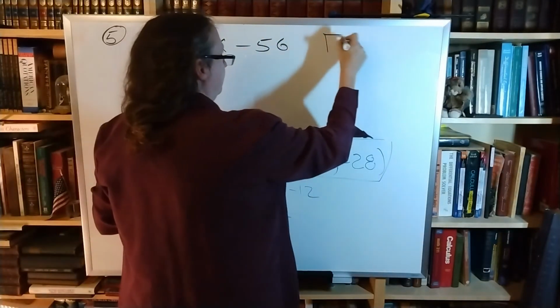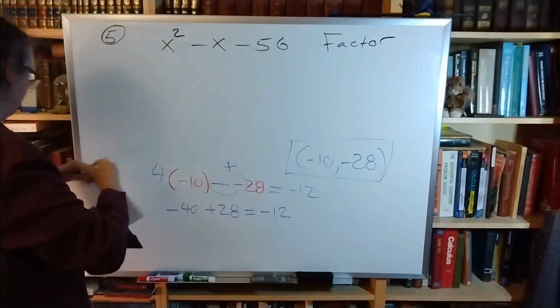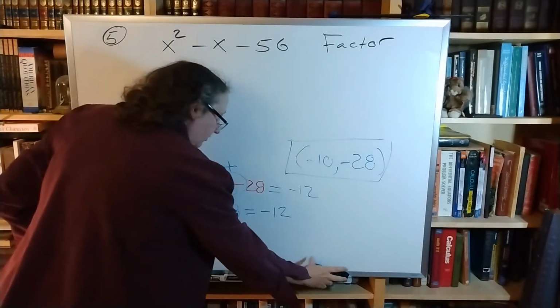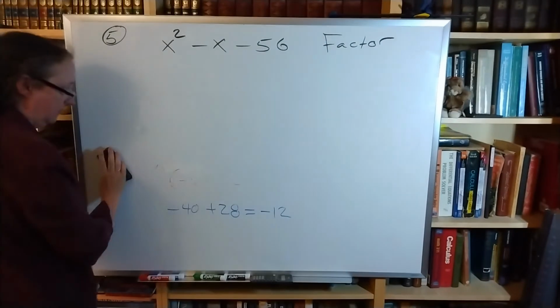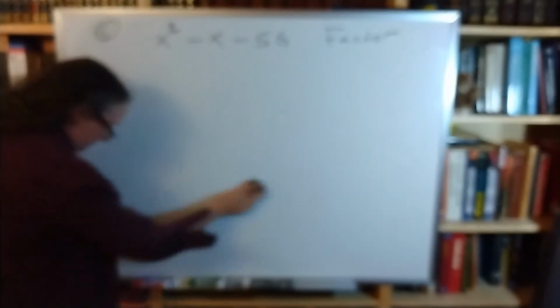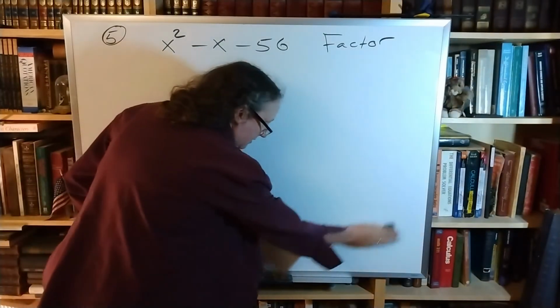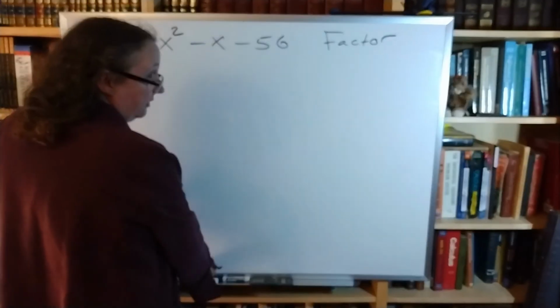And we are being told to factor this. Start thinking about that. Okay, now that you've had a chance to do that, I'm assuming you've paused the video while you worked on that.